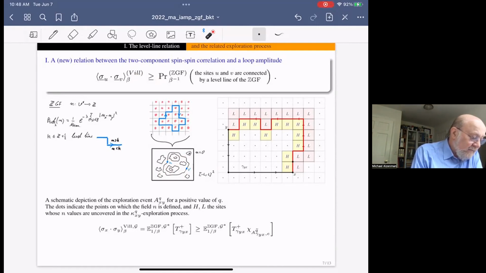And what I would like to do now, in a few minutes, is to explain where this is coming from. So if you recall, the spin-spin correlation can be expressed as the expectation value of this disorder type operator.